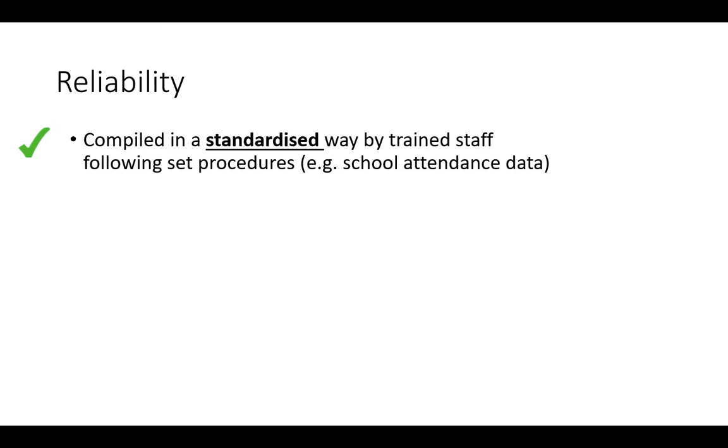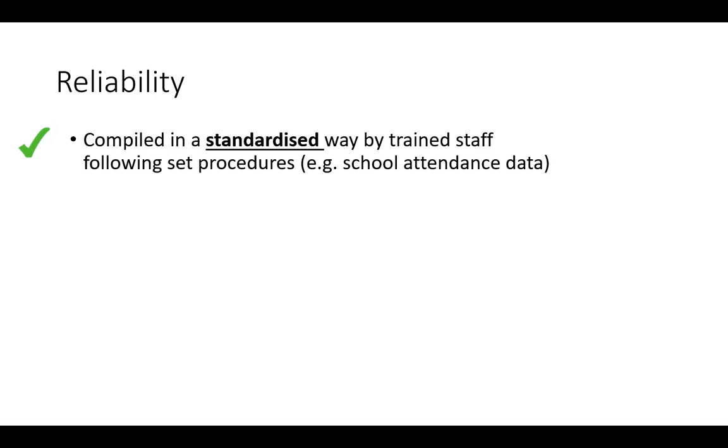Now, why is that? Well, they are compiled in a standardised way by trained staff following set procedures. We don't invent how to monitor your attendance. Every single time a student doesn't attend, we don't say, oh, well, how are we going to put that into our system? Should we use an N this time, or an O, or a B?